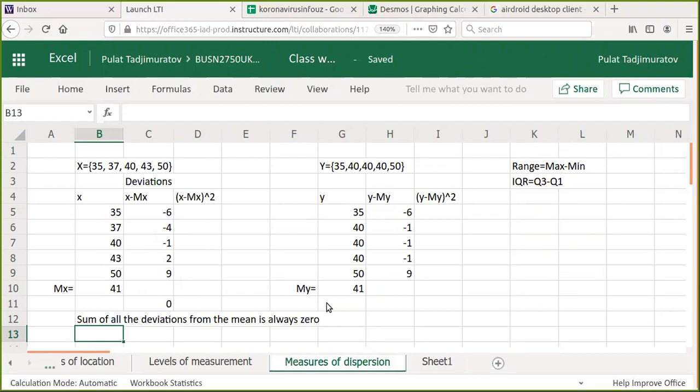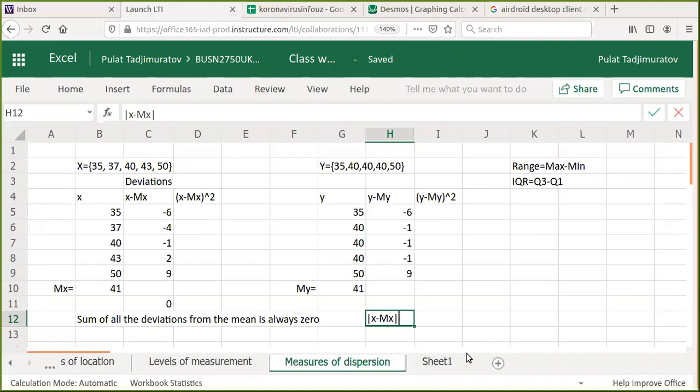We can use it, I was not sure if my keyboard allows it, but it's working. So we can use this instead of just x minus mean x. Okay, let's leave it like this for now.